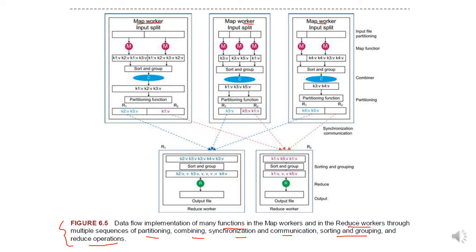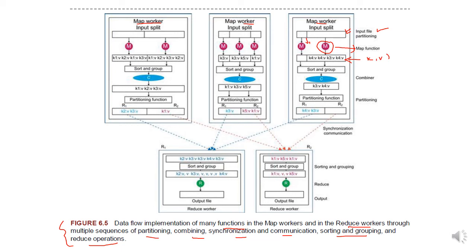First the input will be split into a number of blocks. Input file partitioning takes place using the input split operation, and that split data will be given to the map function. M is nothing but the map function, and the map function will produce the intermediate key value pairs.